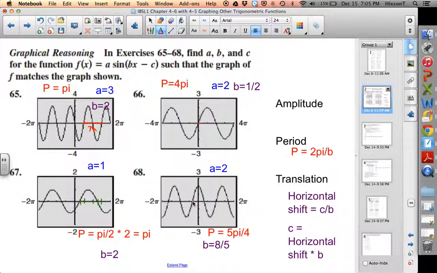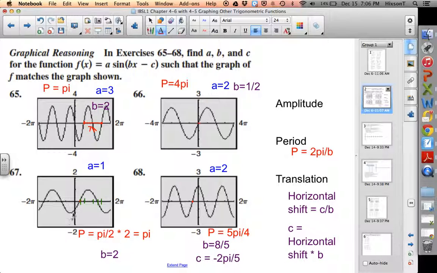So negative pi over 4 times 8/5 is going to give us negative 2 pi over 5. So C equals negative 2 pi over 5.